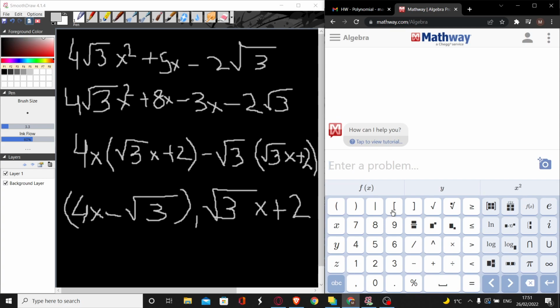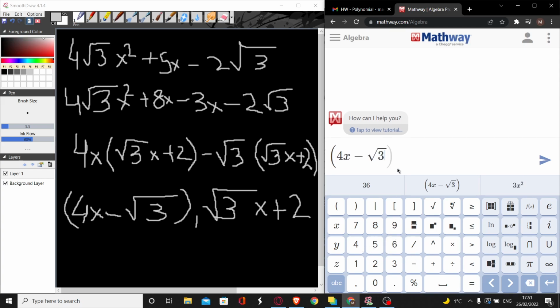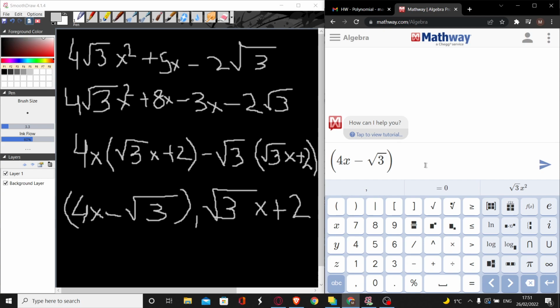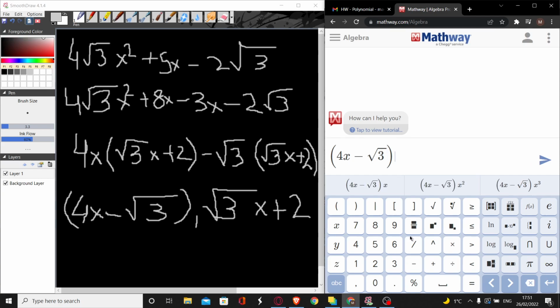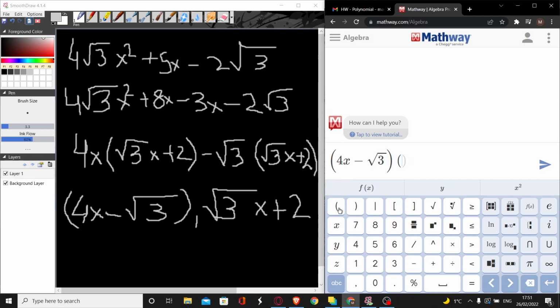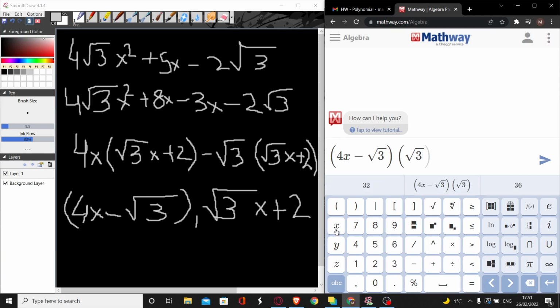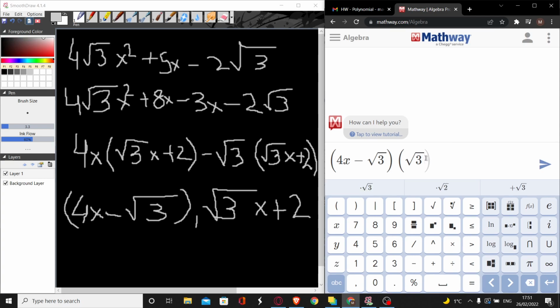So now what we're going to do is we're going to have this problem and you're going to have 4x minus square root of 3 multiplied by square root of 3x plus 2.